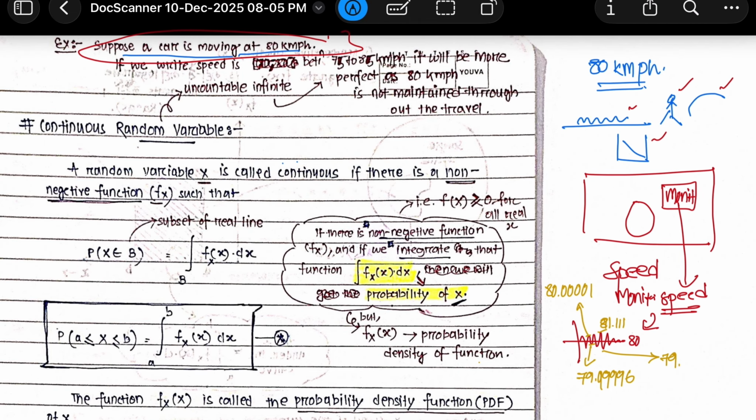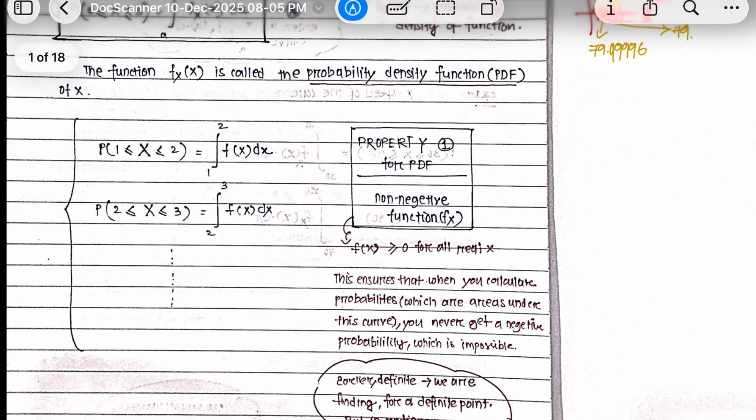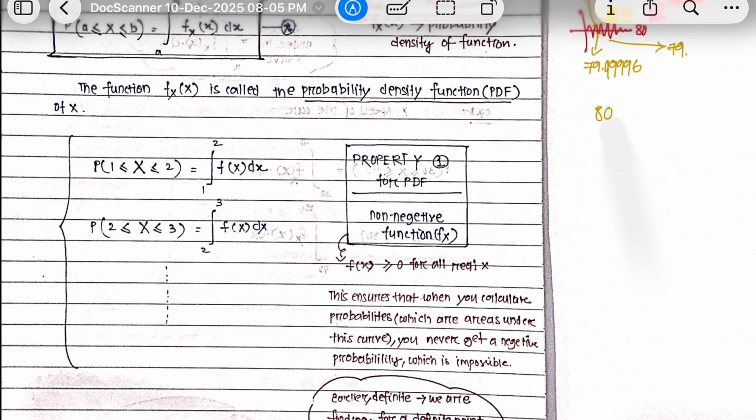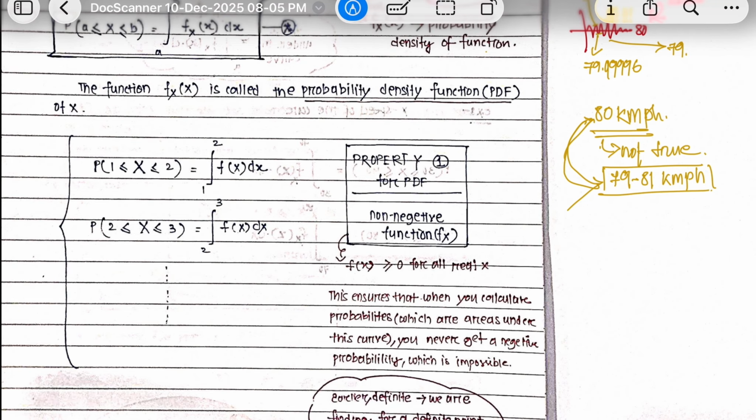So if you say that the speed of the car is maintained at 80 kilometers per hour, it must not be true. You need to say that the car is moving at a speed in between 79 and 81 kilometers per hour. This will be more correct than the other statement.